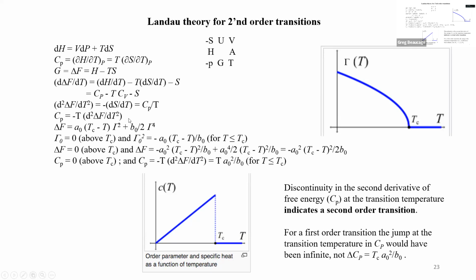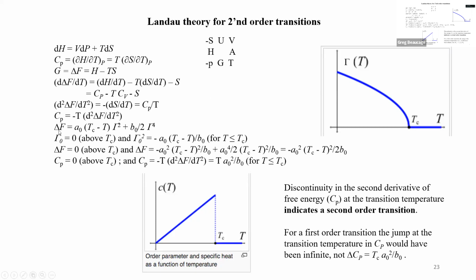And then the second derivative of this thing is just going to be Cp by T. So you can take the second derivative of that, get Cp by T, and then you plug in what we had for the definition of the free energy.